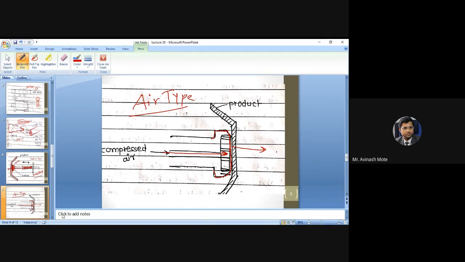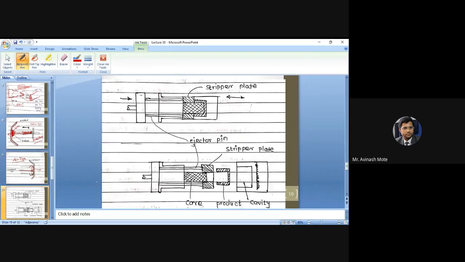And the last one, quite different but same purpose, stripper type. Okay, this is also preferred when there are deeper components, having high depth. Spring mechanism, or you can use the ram mechanism also.